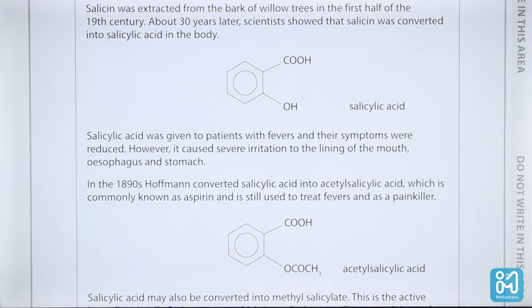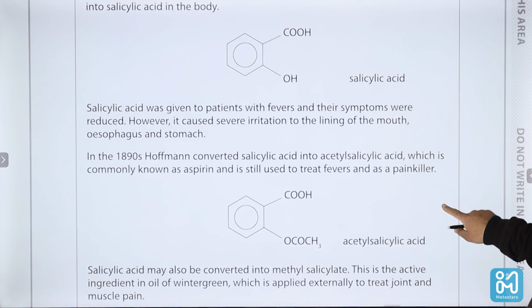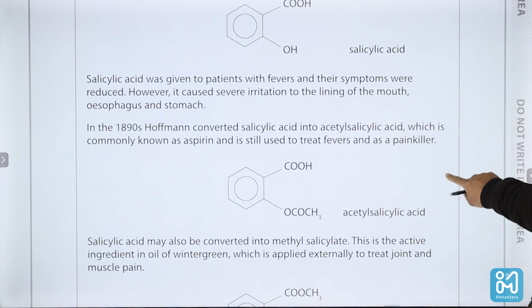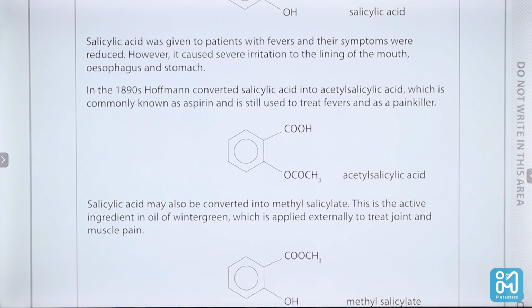However, it caused severe irritation to the lining of the mouth, esophagus and the stomach. In the 1890s, Hoffman converted the salicylic acid into acetyl salicylic acid, which is commonly known as aspirin.